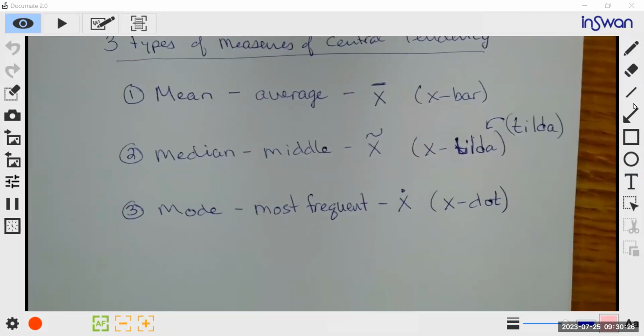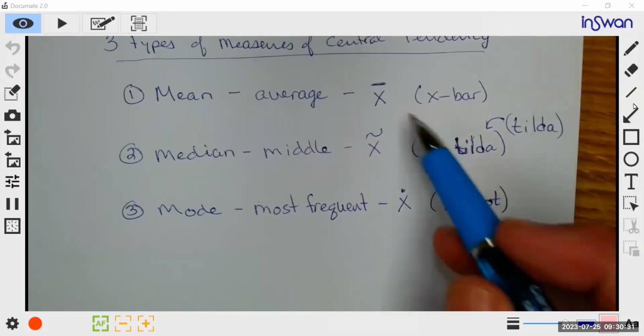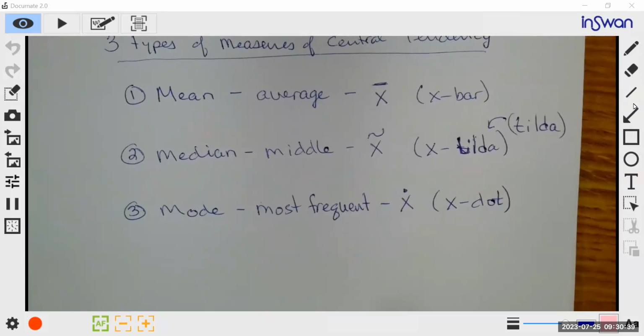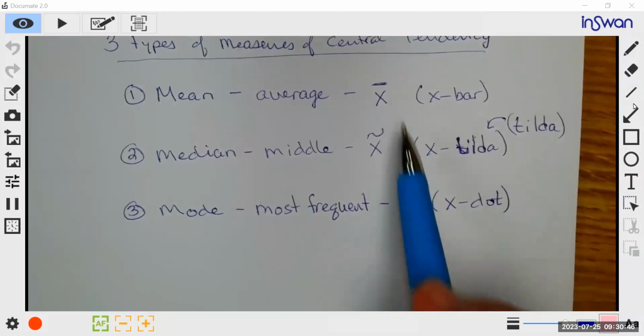Remember, mathematics is a symbolic language. You can't put X for everything. So we use these to separate what they mean. Why do we have X on the bottom? What does X represent? Not X in this case, because this is not a graph.